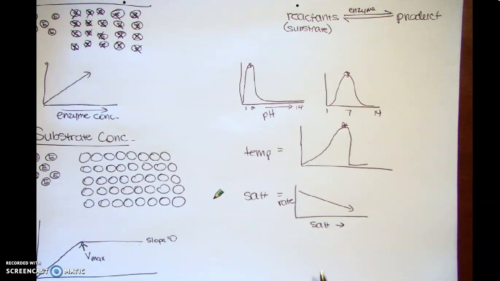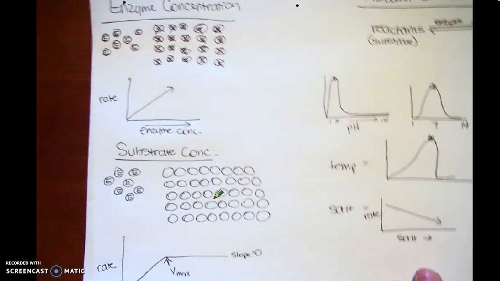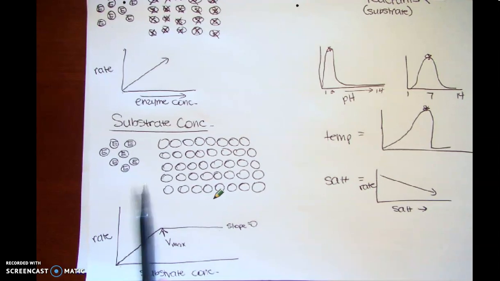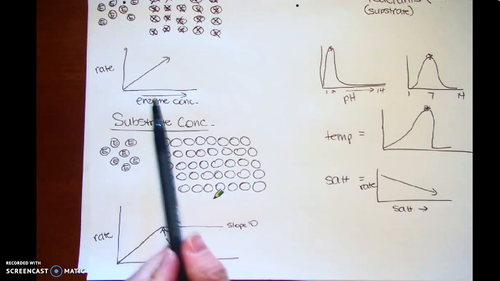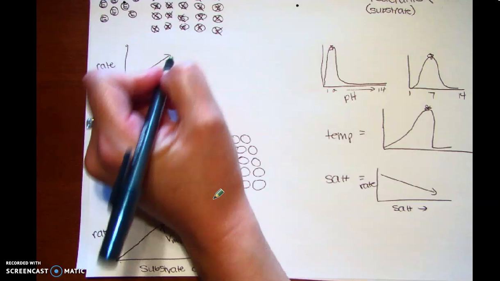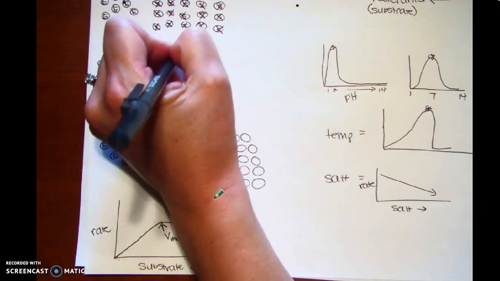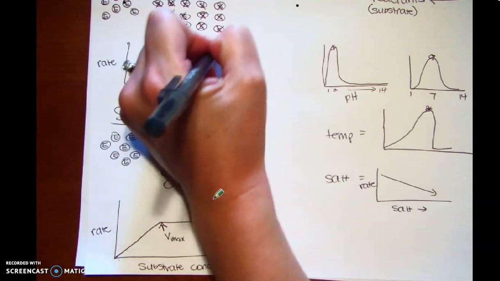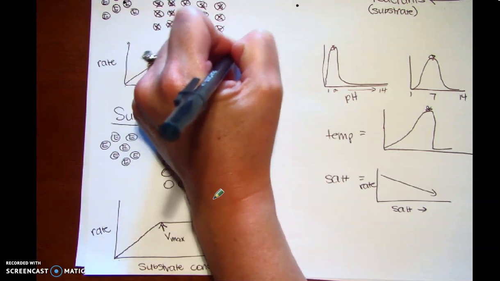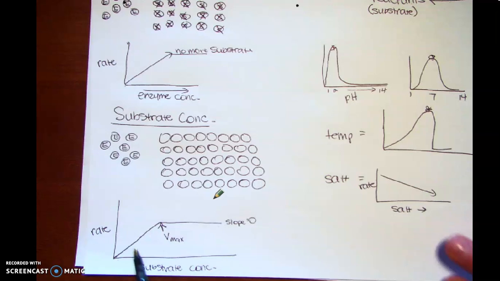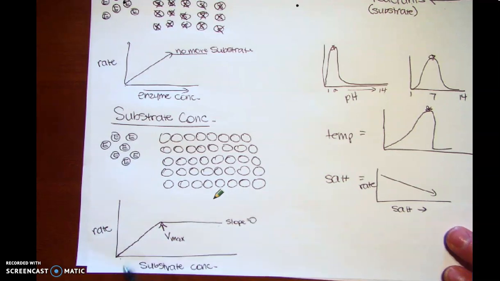And then the enzyme and substrate we talked about there. As you increase enzyme concentration, eventually you're going to run out of substrate, and so your rate is going to drop to 0 with this one as well. That's when you have no more substrate. And same thing here with substrate: when all of your enzymes are busy, it levels off.